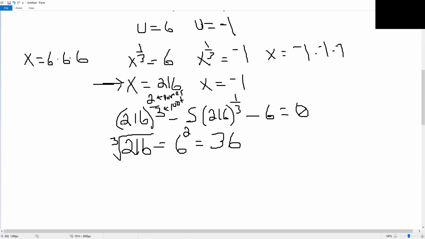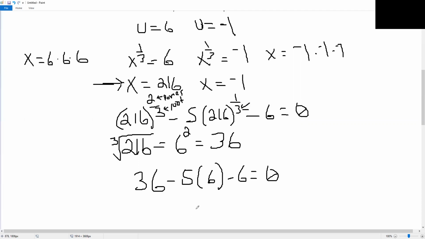So this number actually becomes 36 minus 5 times. Now we said that the cube root of 216 is 6. So that's what we're writing. And I got that from here. That's the root. Remember, the root's the bottom one. Minus 6 equals 0.